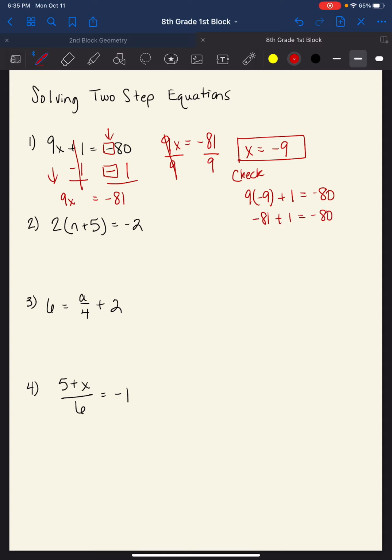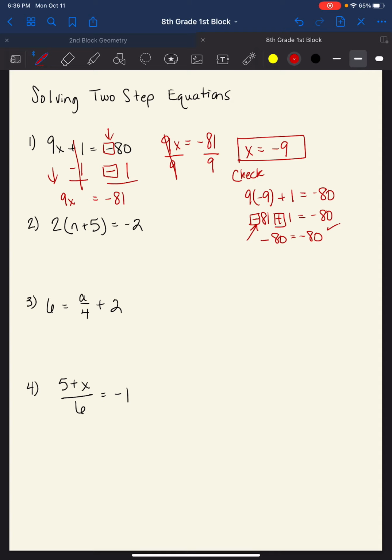Well, negative 81 plus 1. All right, well, the signs are different here. This sign here and this sign here, they are different signs, so we subtract the two numbers. 81 minus 1 is 80. Take the sign of the larger number, which is the negative there, and that equals negative 80, so therefore it is correct. Okay? All right.